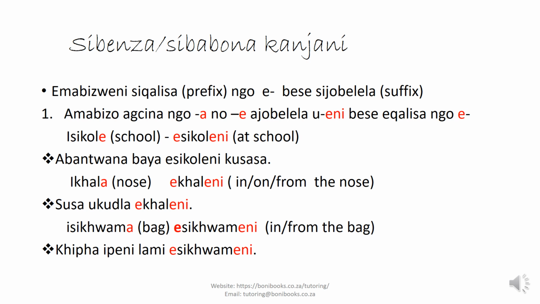I have the example isikole, which is a school, but how do you say at school? And then we say esikoleni. So what have we done there? Look at your esikoleni, the e that is in red. From isikole, which is a noun, when we're making it a locative, Ondaweni, we prefix the e, esikoleni, and then we suffix eni. Why do we suffix eni?